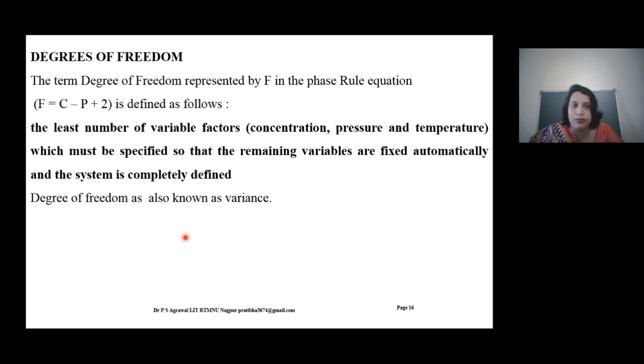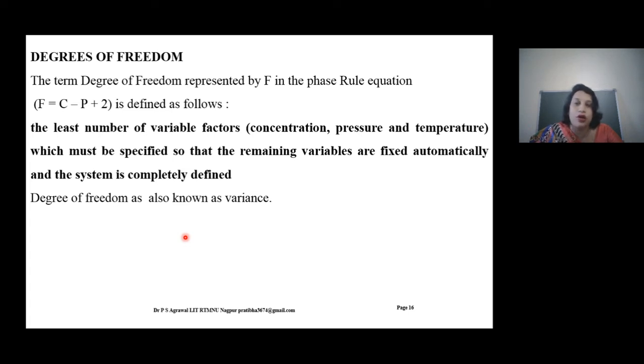That minimum number of variables, which are required to define the system completely, is known as the degree of freedom.